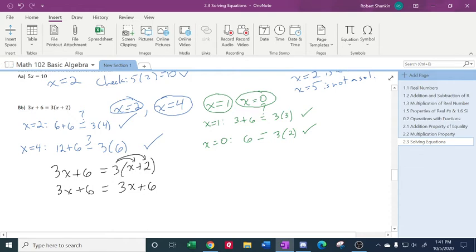Now, from this spot right here, you could have stopped and said, oh, every number is going to be a solution. When you get two things that are identical, it doesn't matter what number you plug in, you're going to get the same thing on both sides.